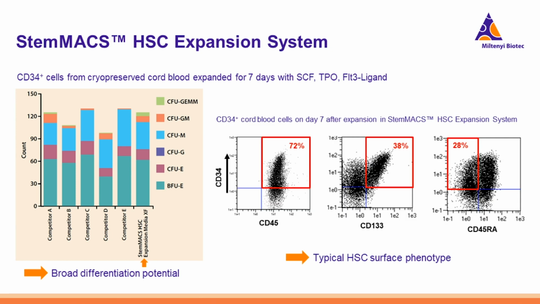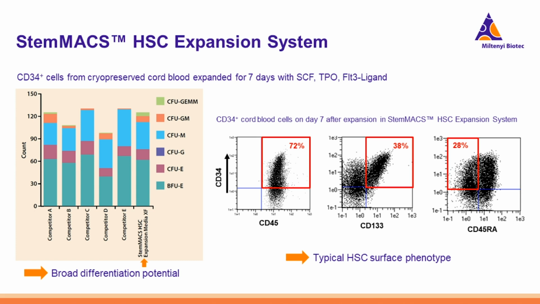Furthermore, the expanded cells were analyzed for the surface markers such as CD34 and CD133 by flow cytometry. The expanded cells in the StemMax HSC expansion system maintained their characteristic surface phenotype of early hematopoietic progenitors, as shown here on the right side.